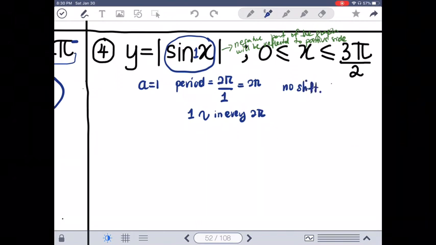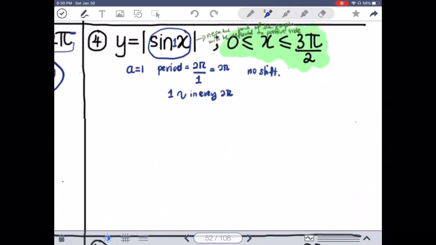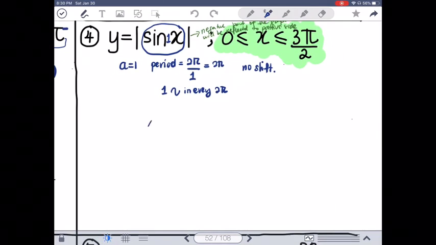Notice that you need to draw from 0 until 3 pi over 2, the range of the x-axis. So as a start, just draw normally.